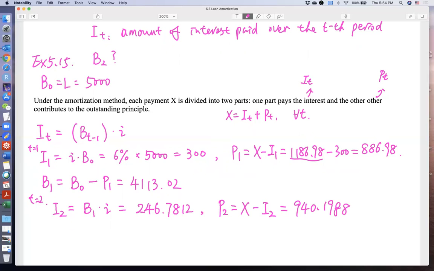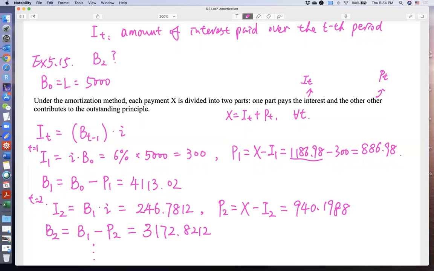Then I calculate the outstanding balance, which is the previous one, 4,113.02, minus how much I paid towards principal in the second year. So my new balance is 3,172.8212, and it goes on.